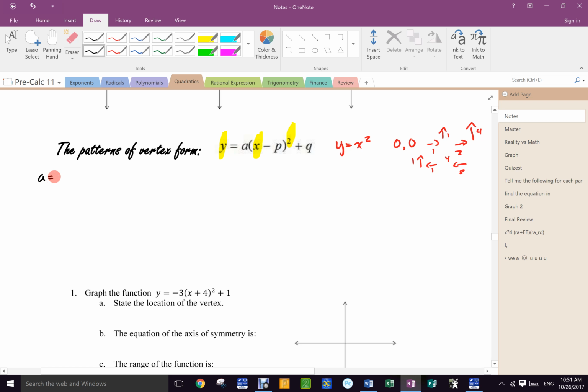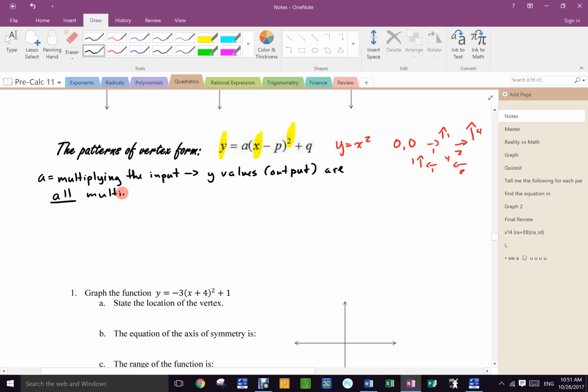So A is responsible for multiplying the input, right? What is the result in that? The y values, which are our output, are all multiplied by a factor of what?